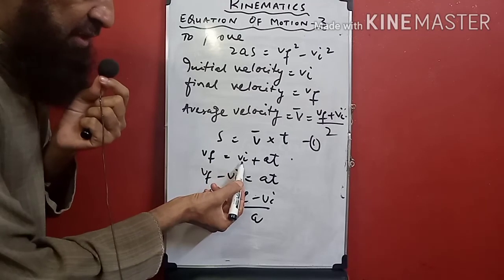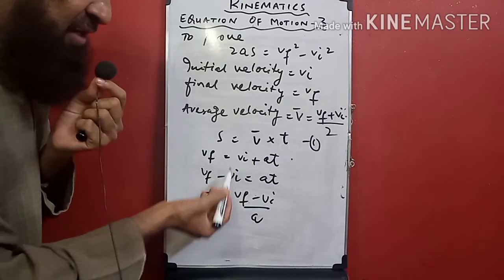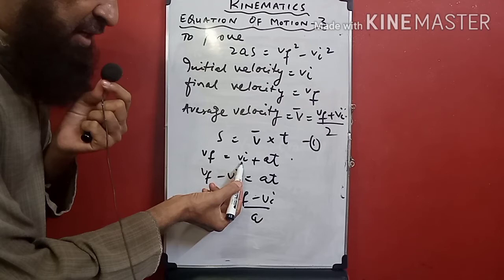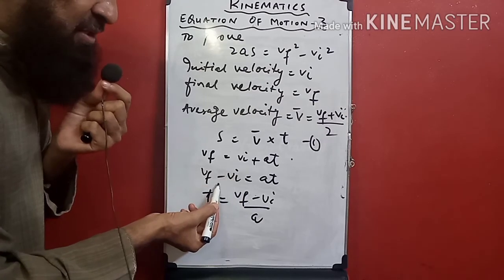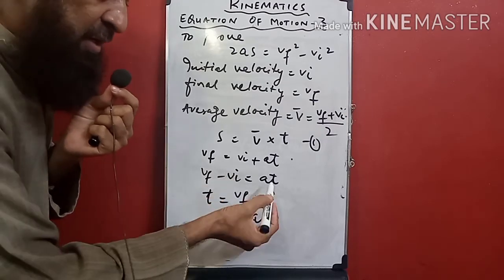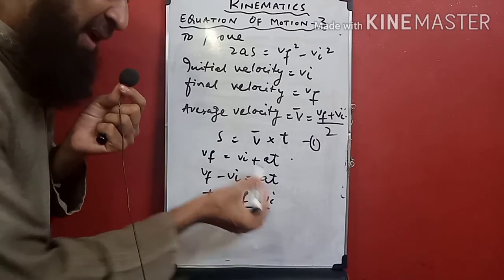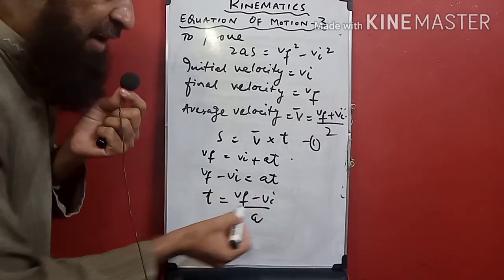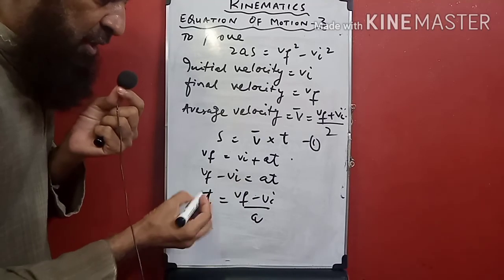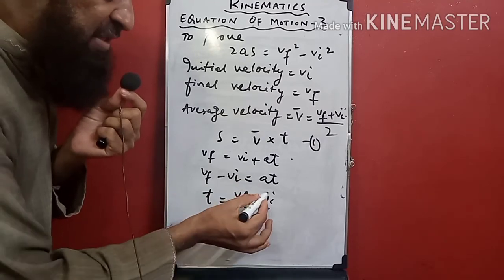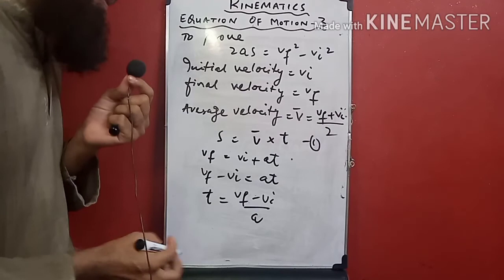First we shift the initial velocity to the left hand side. It is positive on the right hand side, so it becomes negative on the left hand side. And then A is multiplied by T, so when it moves to the other side, A divides the factors. Now T is equal to Vf minus Vi upon A.